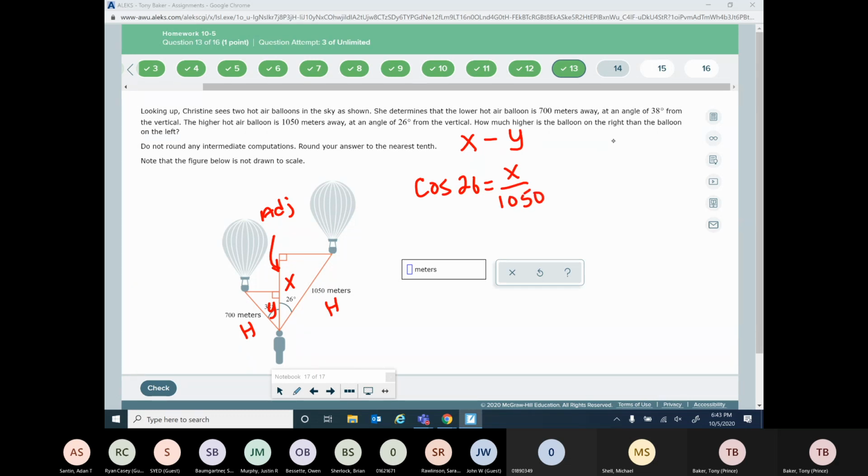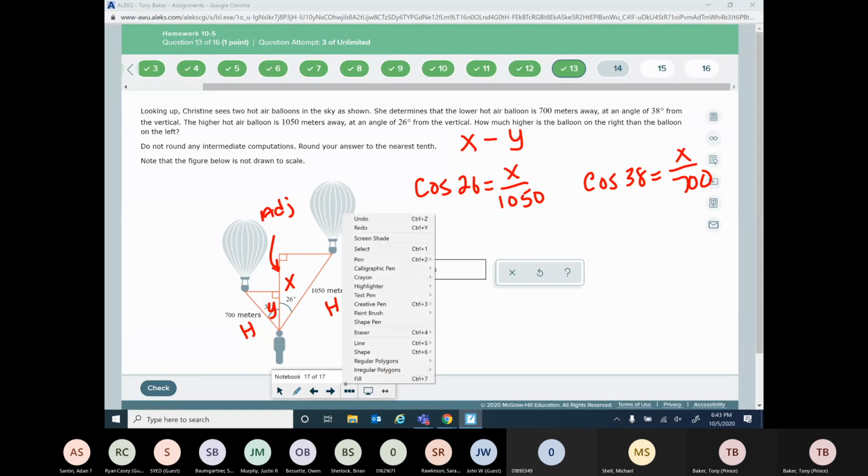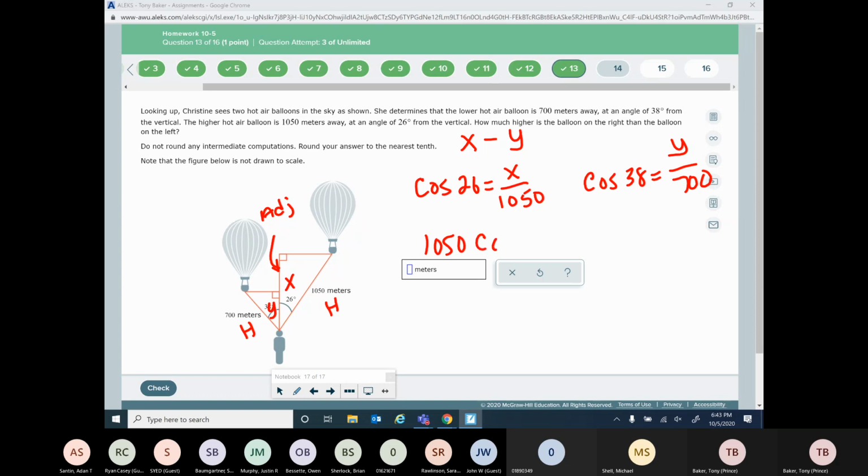And then the y is cosine of 38 equals y over 700. So now all we're going to do is just subtract those two. So it's going to be 1,050 times cosine of 26 minus 700 times cosine of 38.